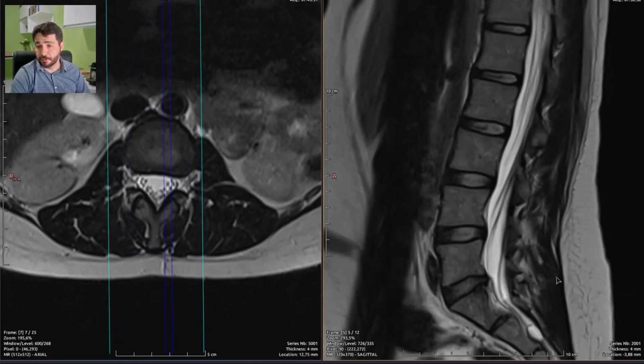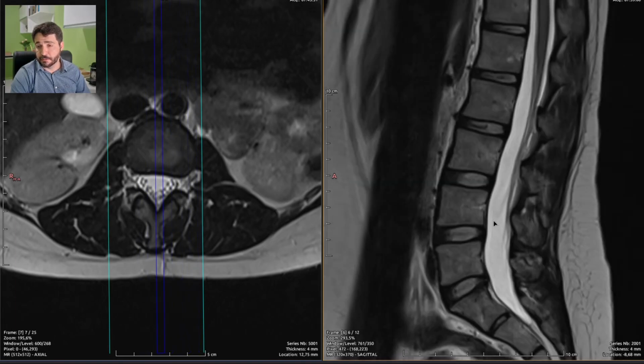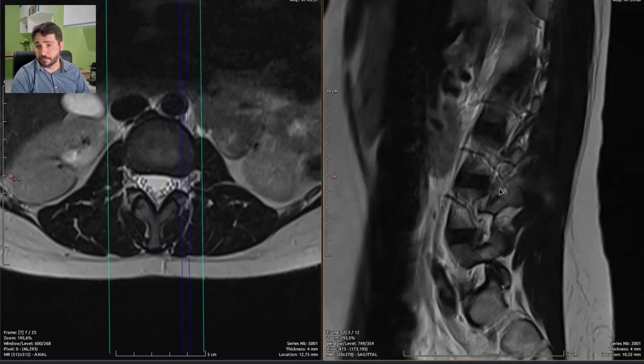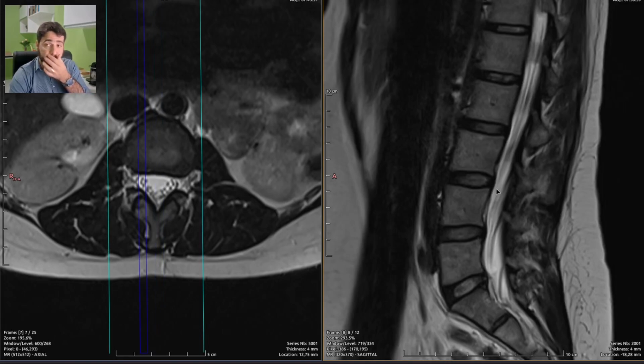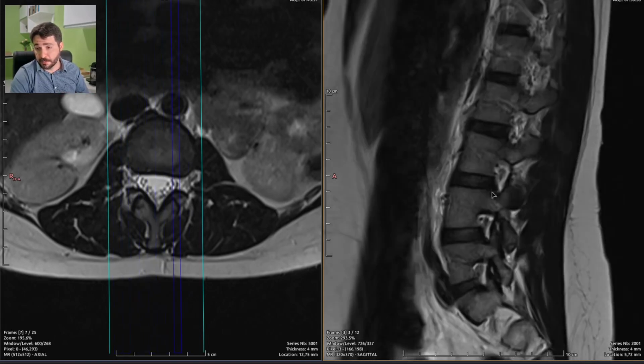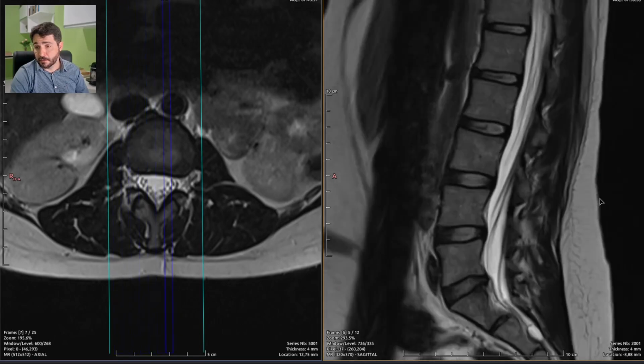There is no fat saturation because fat is bright, so is liquid. So spinal fluid is a bit brighter than fat, which means this exam was very well made, and the images are very good looking.